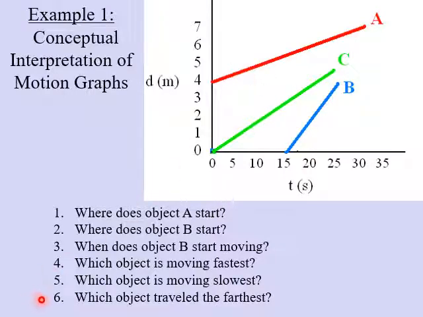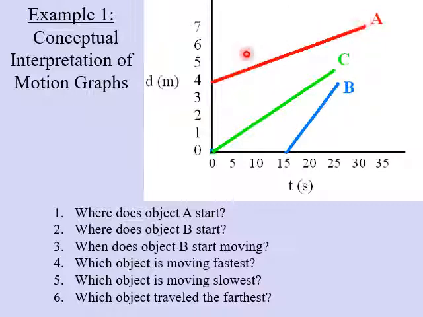The last question here is, which object traveled the farthest? So again, pause the video and see if you can figure this one out. So what we're asking here is, which object has the largest displacement? At first glance, you might think that A has the most displacement because it ends up here at 7 meters, which is farthest from the origin.